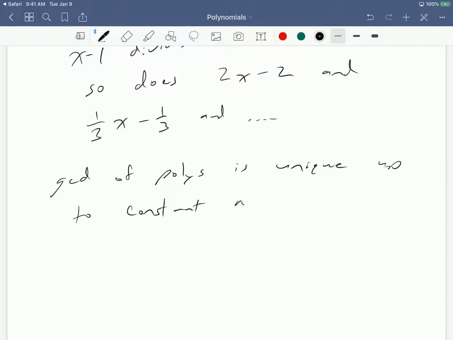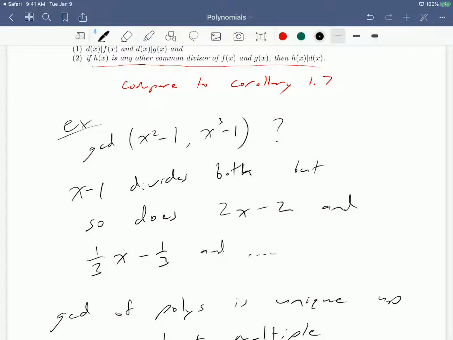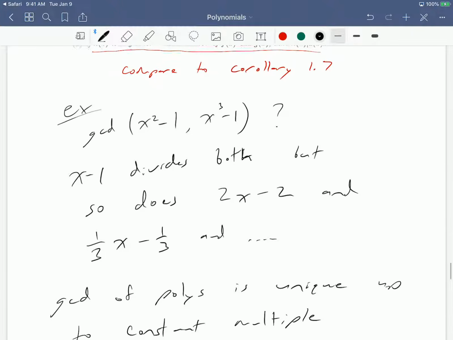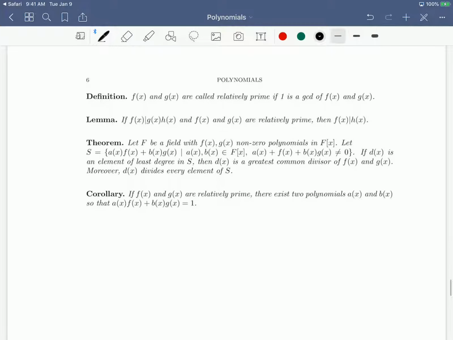And so we can use this language of a greatest common divisor, or we can say the greatest common divisor is unique up to constant multiples. All right, so now that we know how we define a greatest common divisor, it's a divisor so that any other common divisor divides it, so that's the sense in which it's greatest.